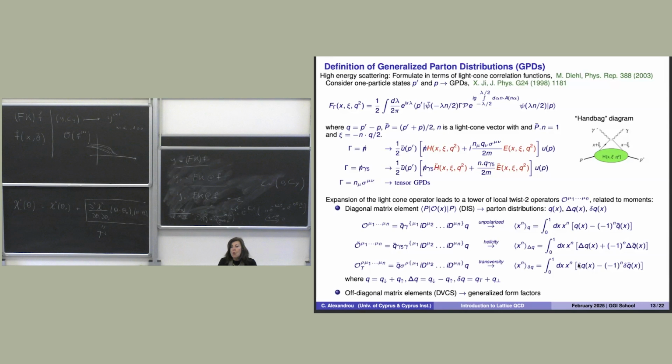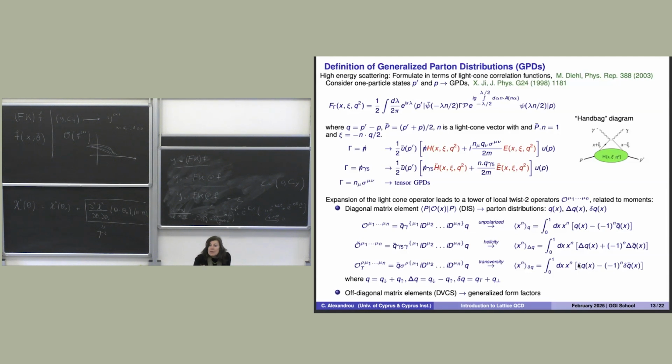Can anyone tell me why? I can do 1, 2, 3, and 4 in these indices. I can only go to n equals 4. Why? Because I have mixing. After I have more than 4 indices, I cannot take 1, 2, 3, 4 to avoid mixing. Then higher order operators mix on the lattice, and I cannot really normalize them.